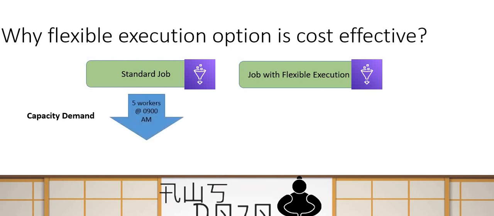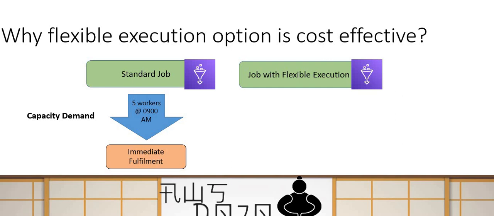A standard job says, hey, I need 5 workers and I want to start at 9 a.m. Suppose this is how you have configured your standard job. It needs 5 workers and it has to start at 9 a.m. in the morning. Suppose it's a daily job. Then at 9 a.m., the capacity for the job, which is 10 workers, will be immediately fulfilled and the job will start at 9 a.m.